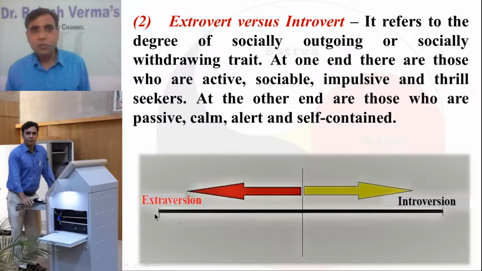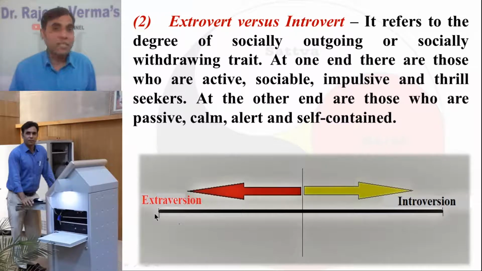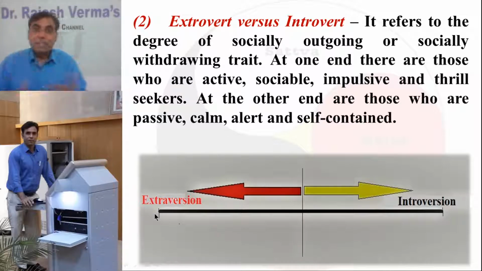It refers to the degree of socially outgoing or socially withdrawing traits. The first dimension, neuroticism versus emotional stability, was based on control over emotions, whereas this dimension depends upon the degree of socially outgoing or socially withdrawing behavior.